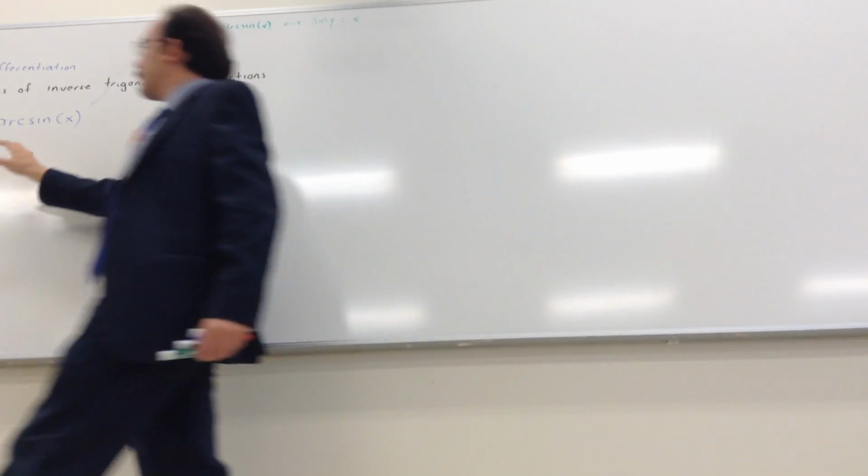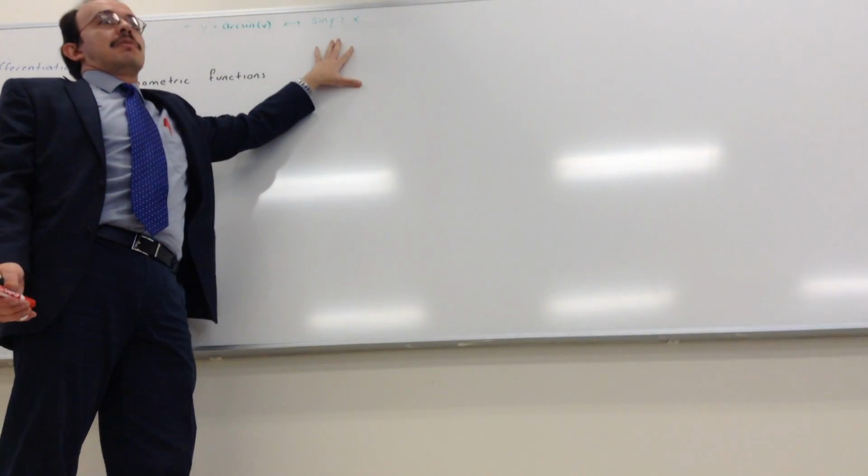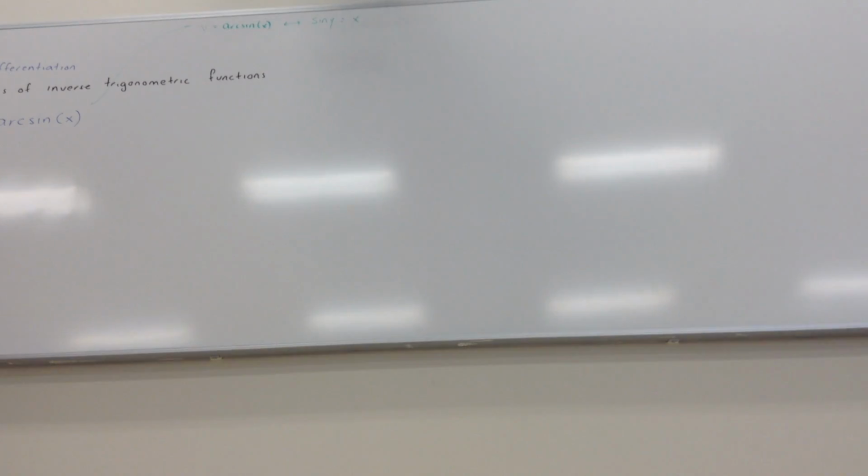So now, you have y equal to arcsine of x. If I want to get the derivative, assuming that I don't know the formula, what would you do? We're going to change this into the inverse operation, which in this case is sine of y equal to x. Now, you know the derivative for sine, and you have a y, so we can apply implicit differentiation to find the derivative.